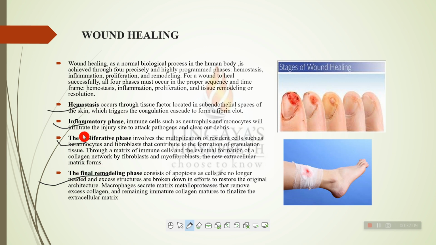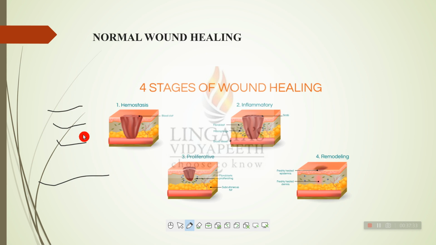Then there is the final remodeling phase, which consists of apoptosis, as the cells which are no longer needed die, and excess structures which are not really important are broken down, and efforts are made by the body to restore the original architecture.